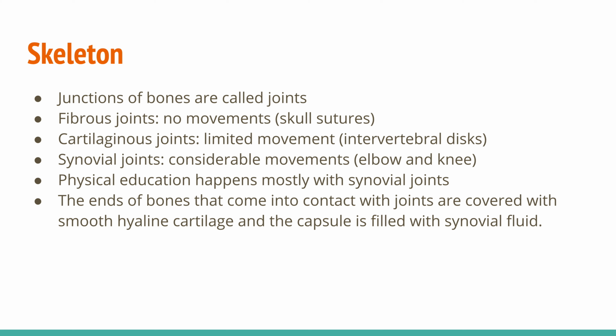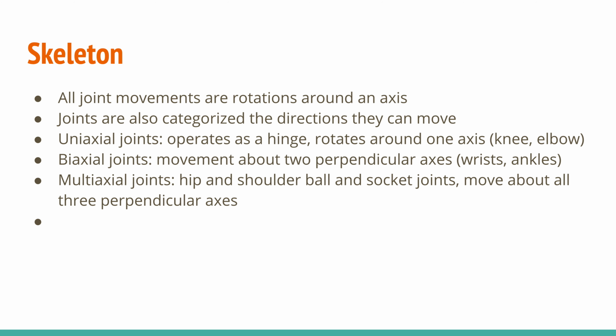And then there's also going to be a thing called synovial fluid on the inside, which is sort of like a lubrication, kind of like oil, like you would use on parts for your car to keep things moving smoothly, or like grease on certain moving parts that you would want those portions to be able to move freely around each other without creating any friction. That's why we have synovial fluid in those joints.